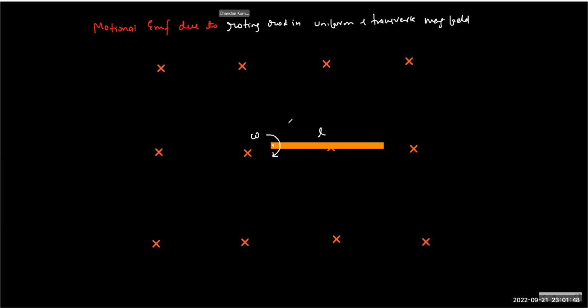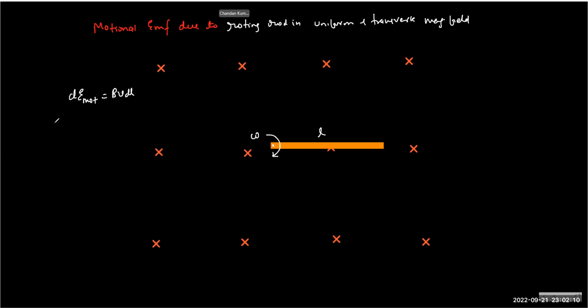So again, we cannot apply BVL. What we have to do is apply the elementary formula, so we have dE equals B V dL, and I hope you know how to solve it, with dx or whatever. So can you find the net value of motional EMF?